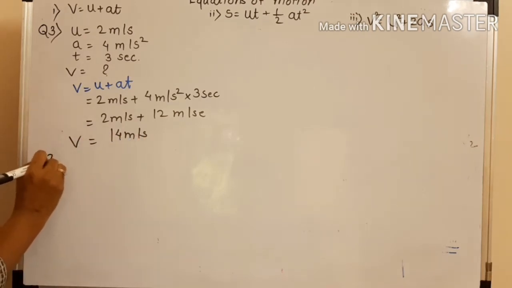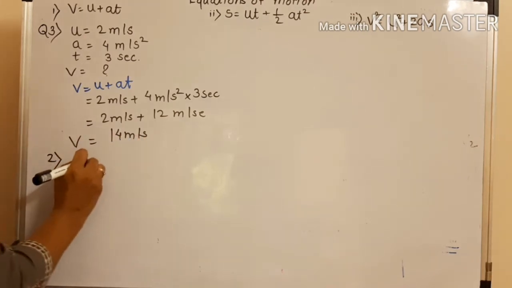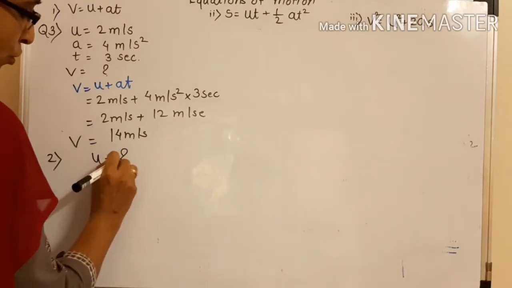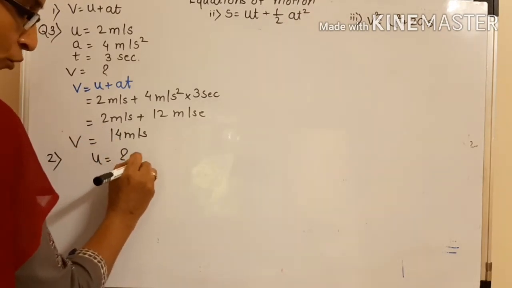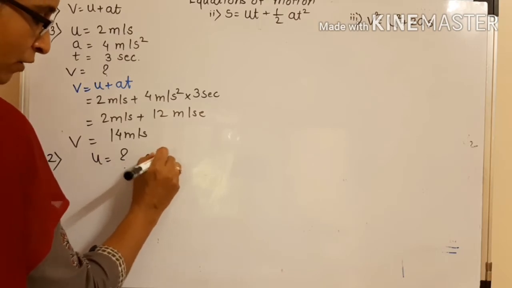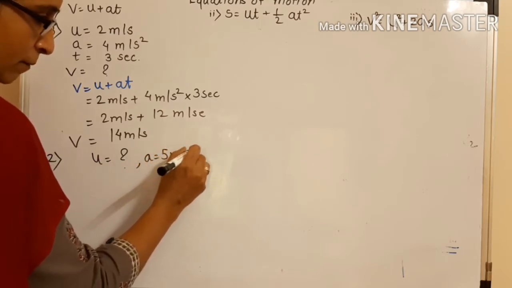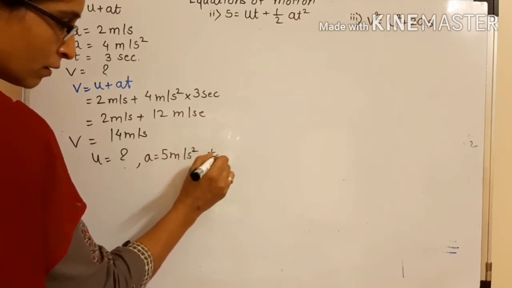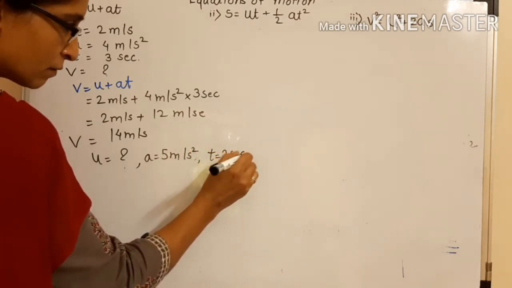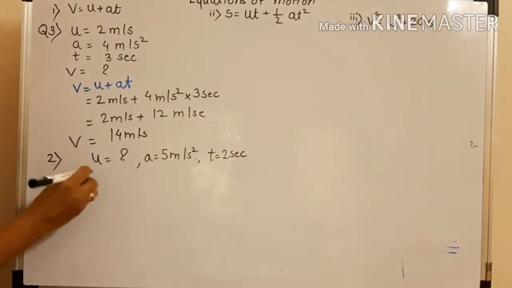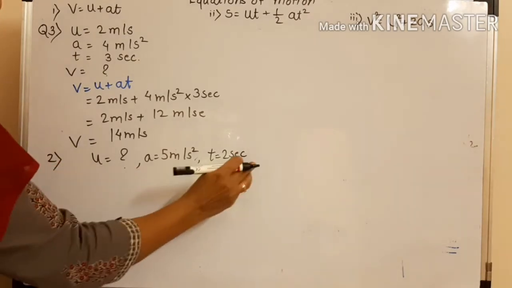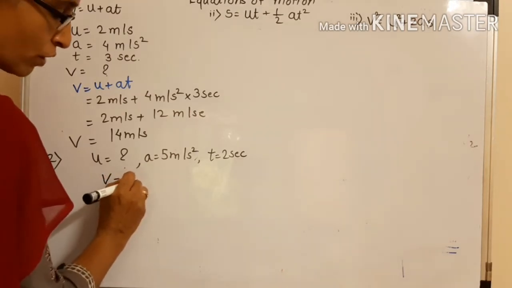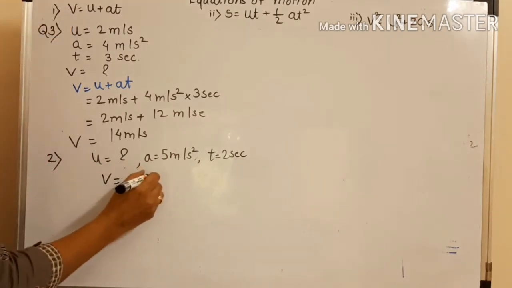Second problem which is given here. Second row. You have to find what is u. A is given 5 meter per second square, time t is given 2 seconds, and here v is given to you, which is 20 meter per second.